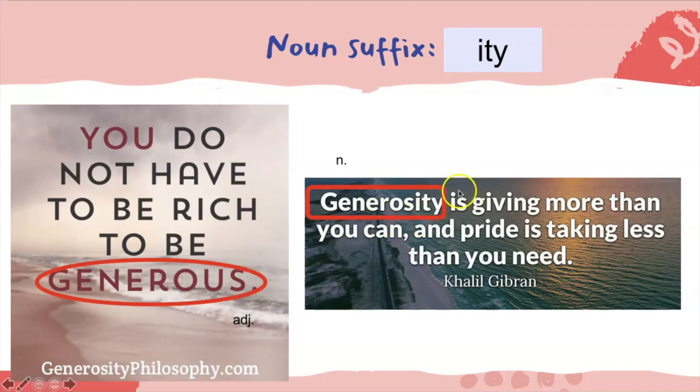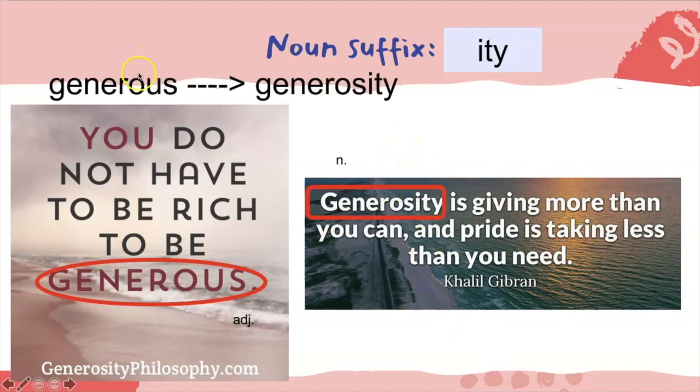As you can see here, we add the noun suffix ity at the end of the word and change the spelling a little bit. We omit the letter u to form a new word, generosity. So we have generous to generosity, a noun from an adjective.